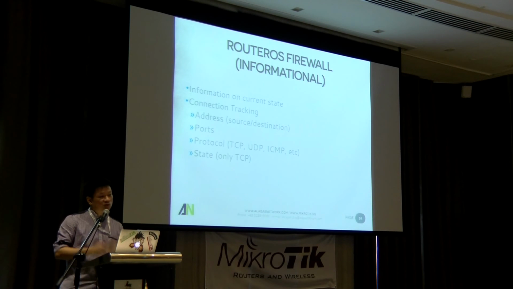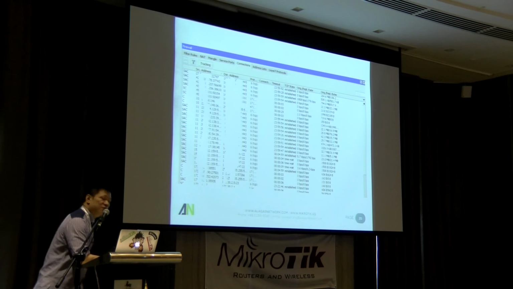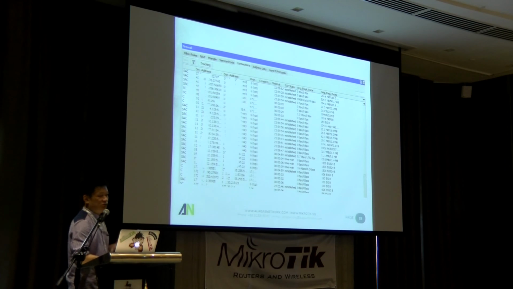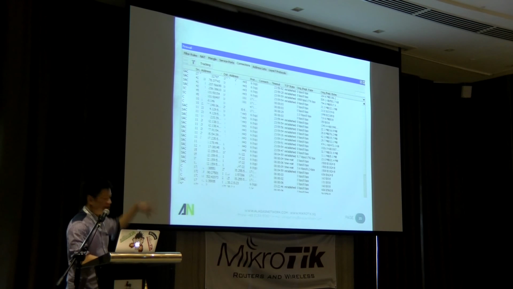You will also know the protocols and the state. But the state only shows up for TCP/IP. As I said, we need to be familiar with the network protocols, so we know that only TCP/IP has a state. So you have established, state, and the others.